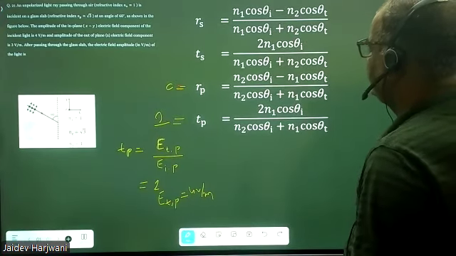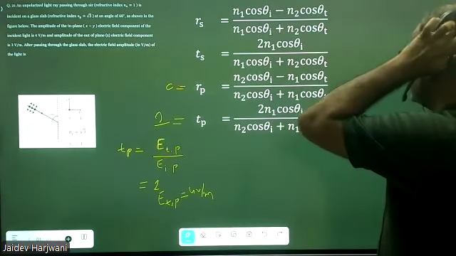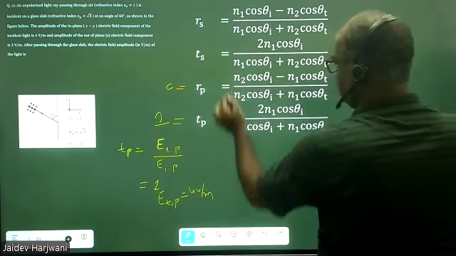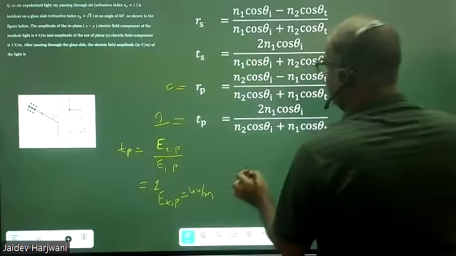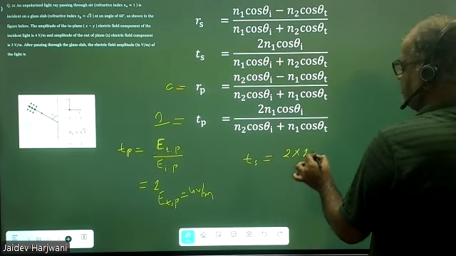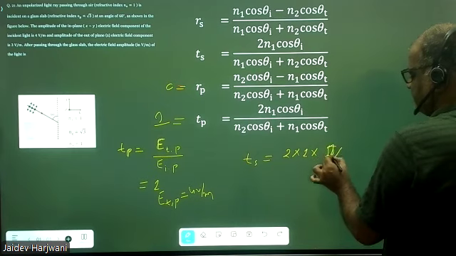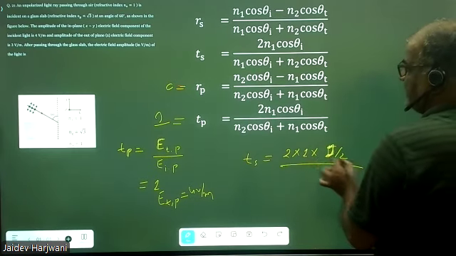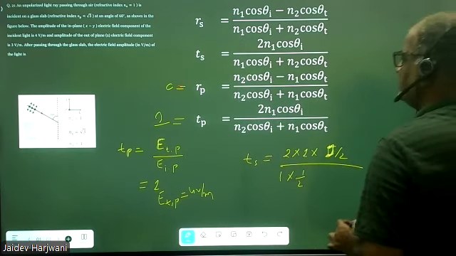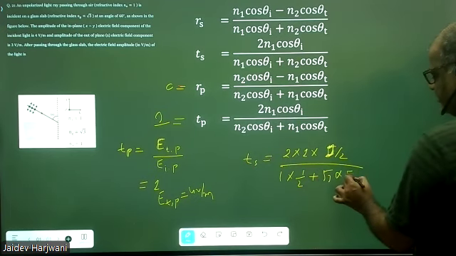And now let me calculate for the S component. The equations are there. So for the S component, we only want the transmission component, we don't need to calculate the reflection one. So transmission component we can calculate, TS is 2, n1 is 1, cos theta I is half for 60, and then you have n1 1 cos theta I, again half, plus n2 is root 3 cos 30, root 3 by 2.